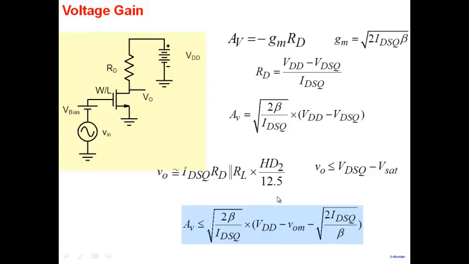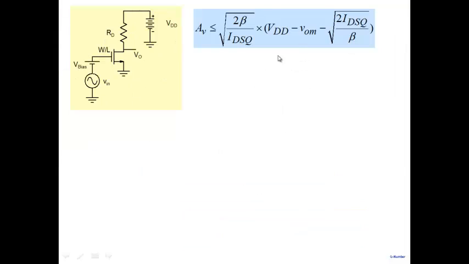This expression points out that if you try to design amplifiers with large voltage swing, V0M large, your gain will get compromised, because V0M subtracts from VDD here, so you lose gain. Large swing will result in smaller voltage gain. Okay, so it's explicitly showing you the relationship here.